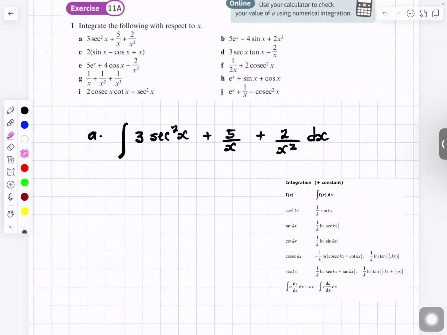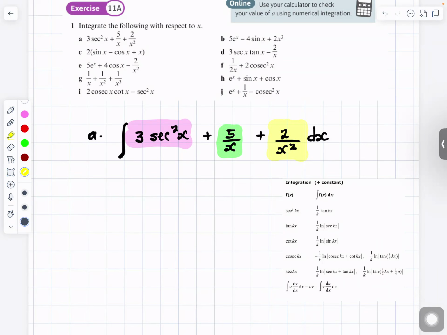I will divide them into 3 groups. The first group is the one in pink. The second is the one in green. The next one is the one in yellow. Now, we want to integrate 3 sec squared, the one in pink. Is there any formula there that you can use?